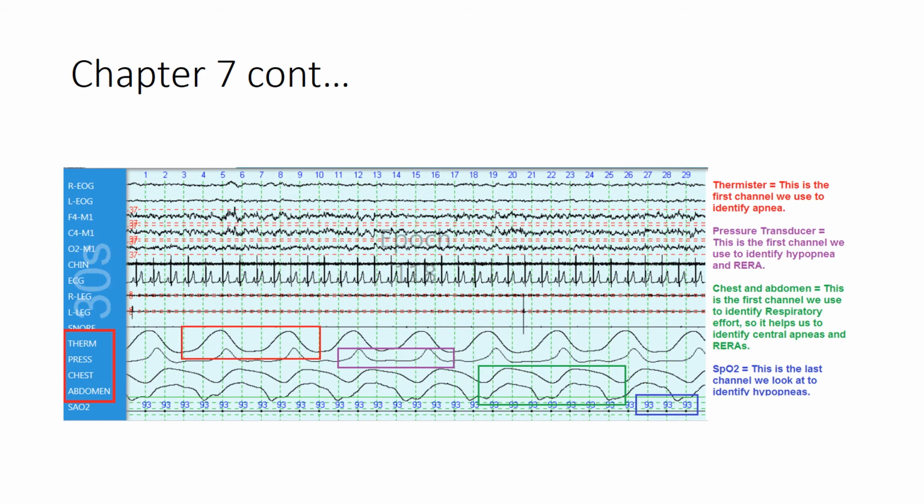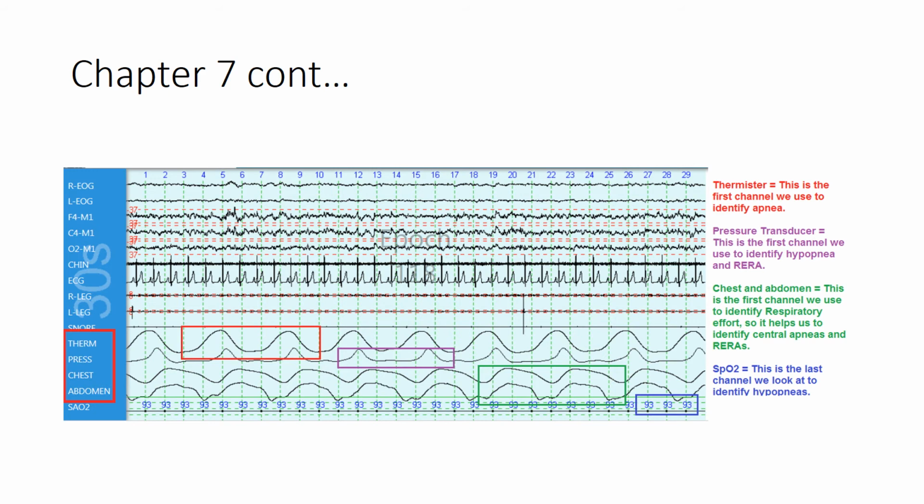The very last item on this one is outlined in a blue square, and this is your SpO2 channel. When we identify a hypopnea, this would be the last thing we look at. The first thing we need to see is a decrease in our airflow signal in the nasal pressure transducer channel.